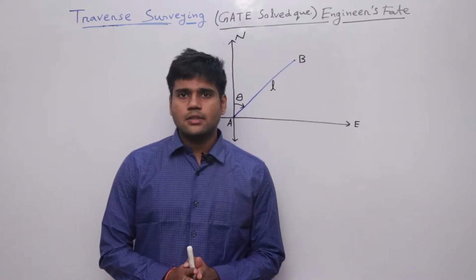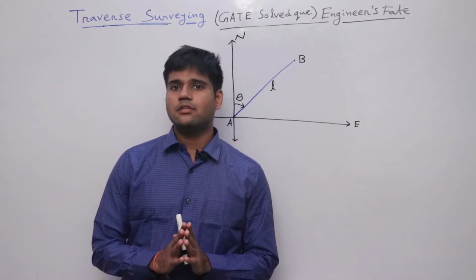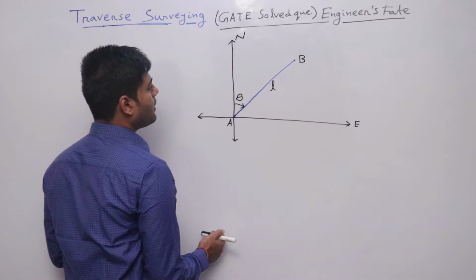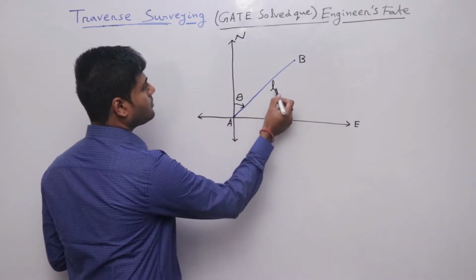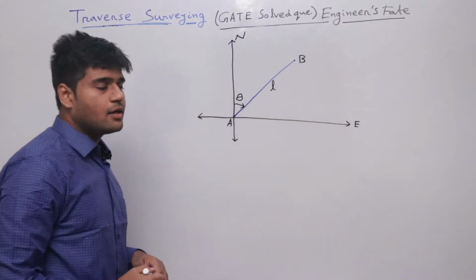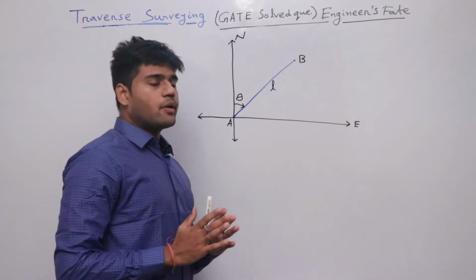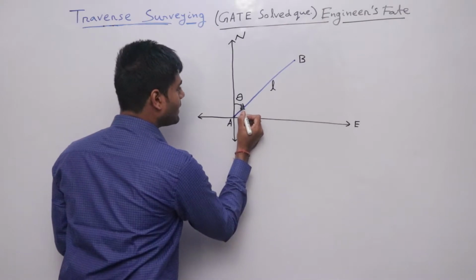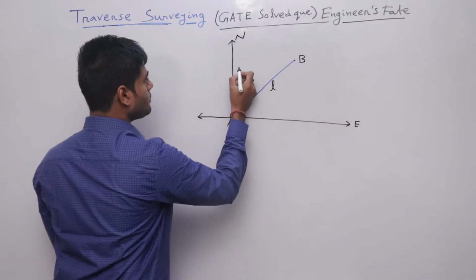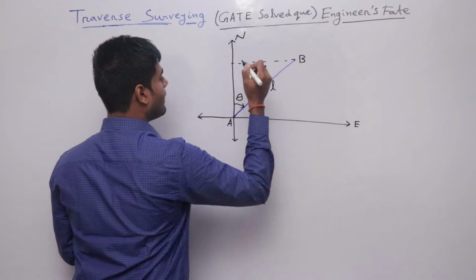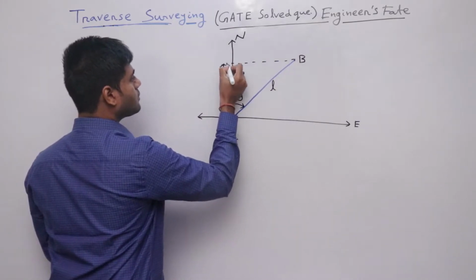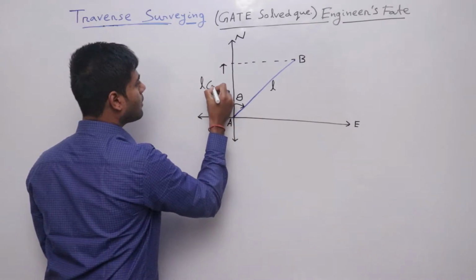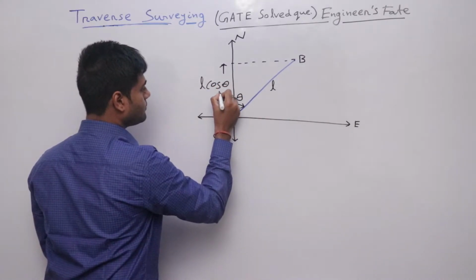So now we'll discuss what is latitude and what is departure. Suppose there is a line AB and the bearing is theta and the length of the line AB is L. So from coordinate geometry we know that if a line makes an angle theta, then corresponding to that line, this distance is simply L cos theta.